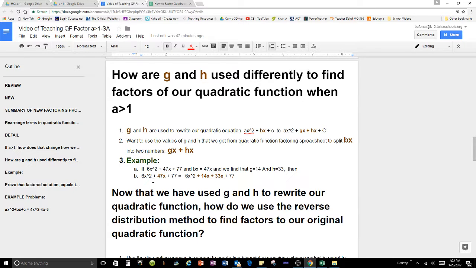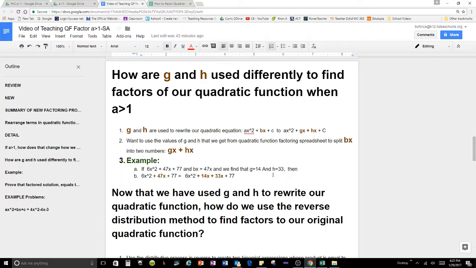So here we have our original equation, 6x squared plus 47x plus 77. But now we're going to replace that 47x with the sum of Gx and Hx. Instead of 47x, we put in Gx, which is 14x, and Hx, which is 33x.